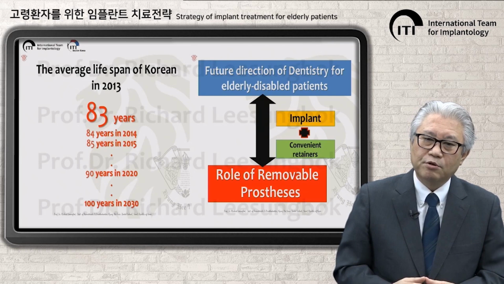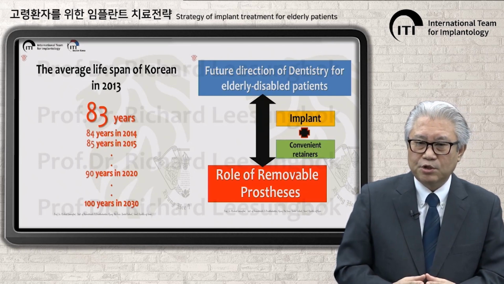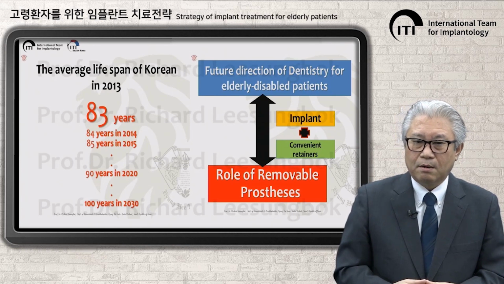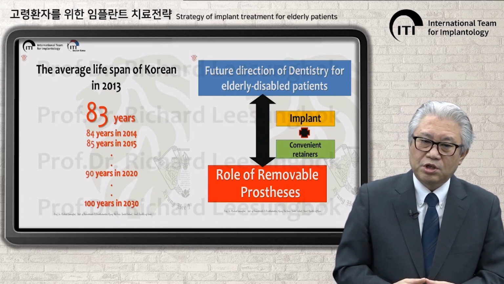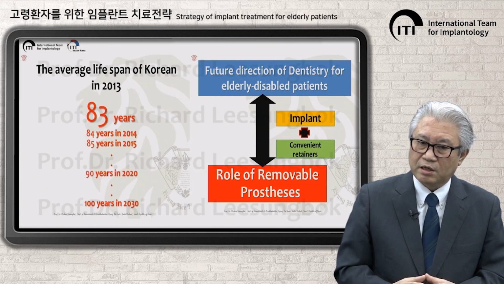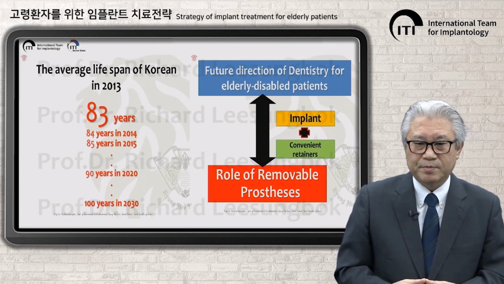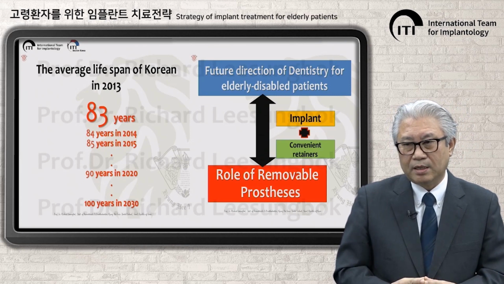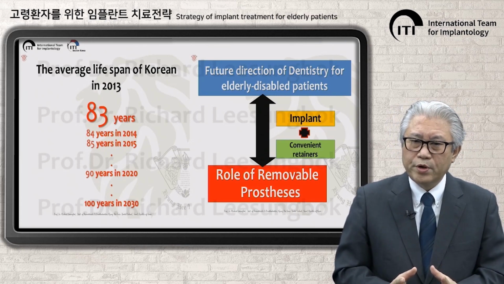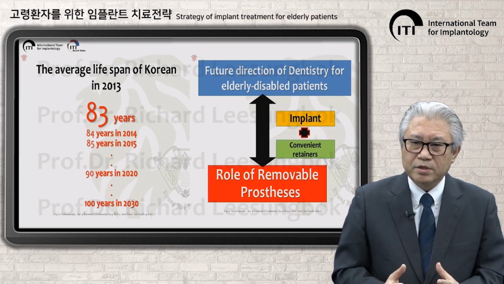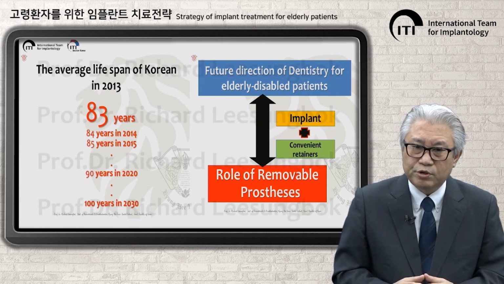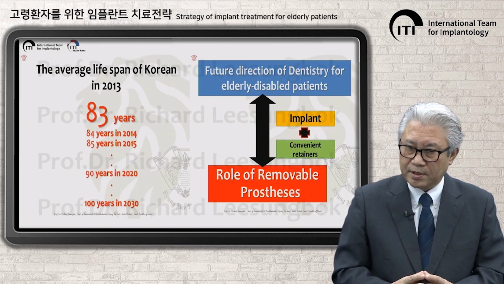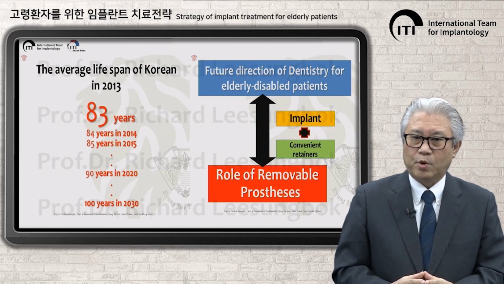South Korea entered the aged society in 2020 when the lifespan of a human is expected to be 90 years. Therefore, dental care in Korea, where people aged 65 or older account for more than 14% of the total population, should naturally pay much attention and effort to these elderly patients.